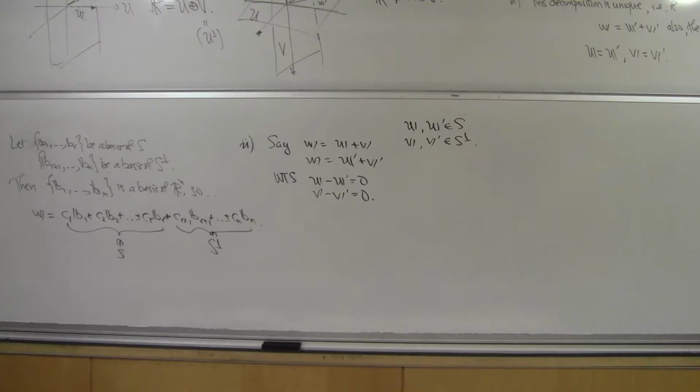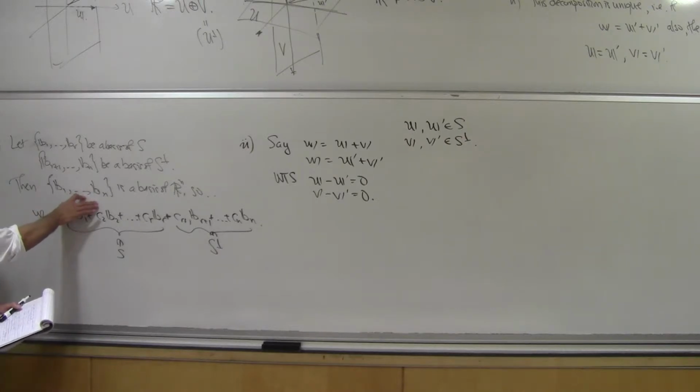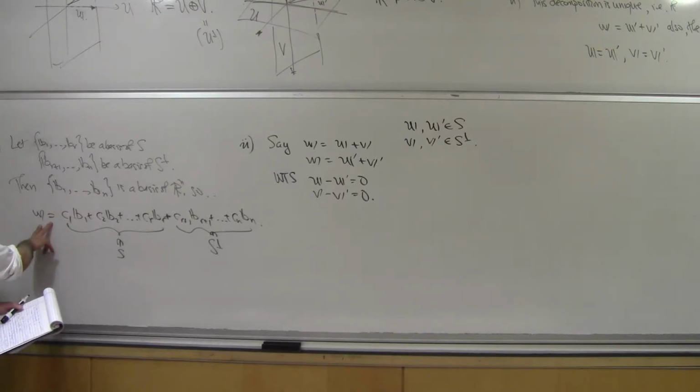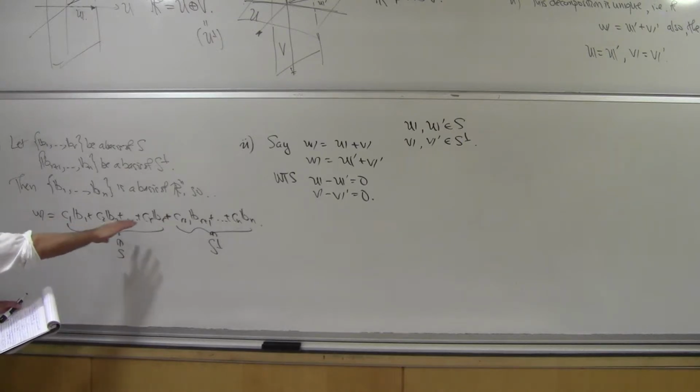Let me think. You're saying, well, look, this is a basis, and it's linearly independent, so you know that there's a unique expression. The only way to express this guy as a linear combination of these guys is like this.